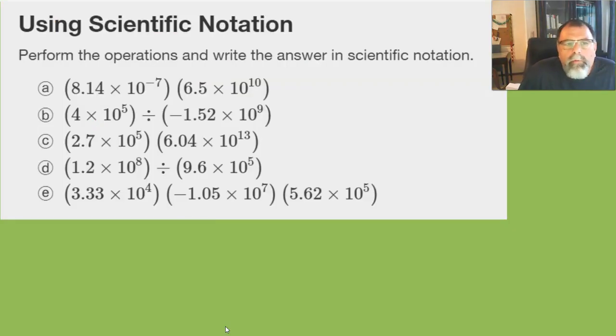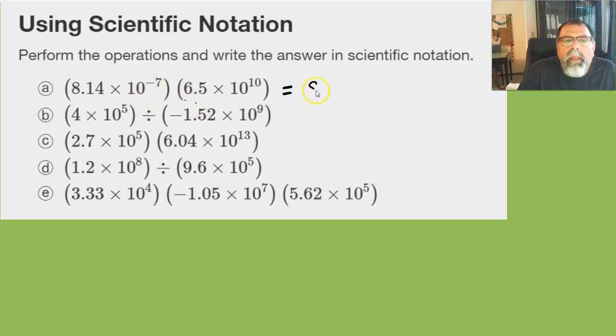Okay, so for using scientific notation, when we do this one here, because multiplication is commutative and associative, I can rewrite this, drop the parentheses, and switch these two numbers.